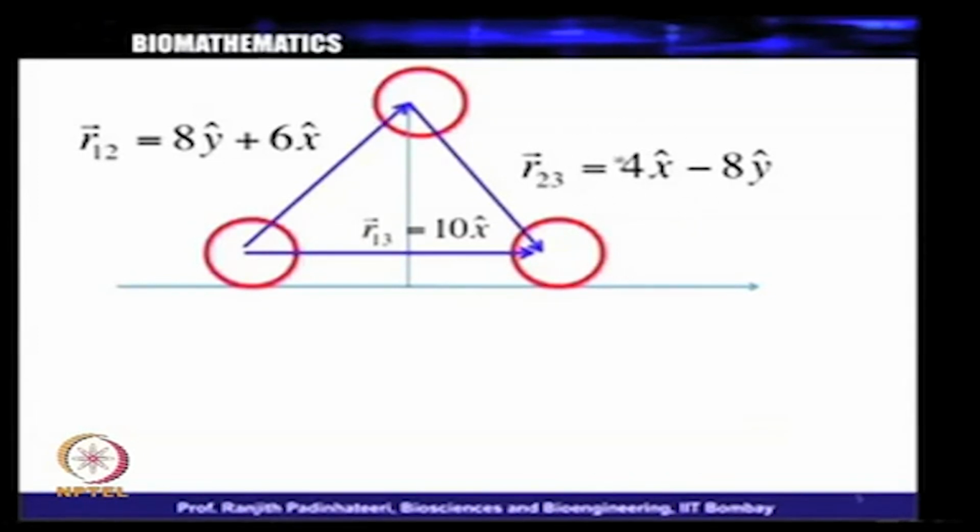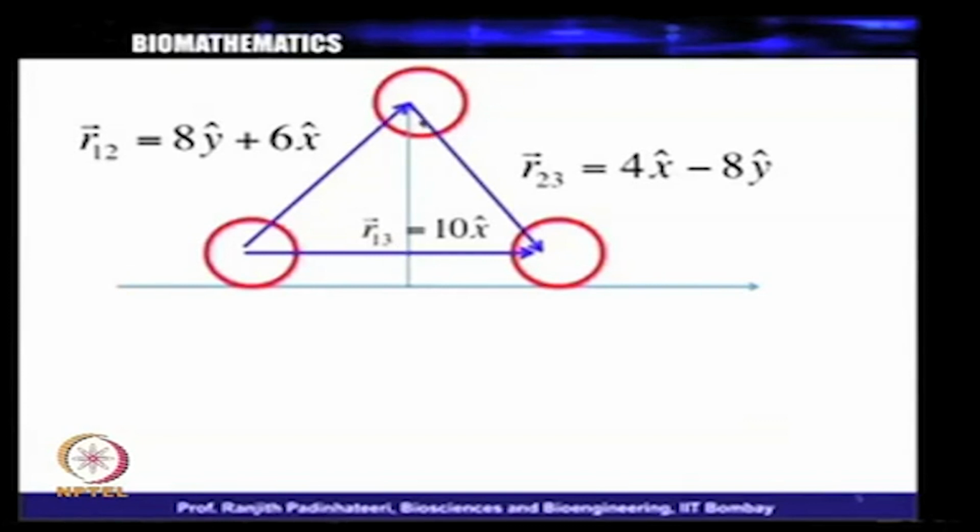When somebody says R23 is 4x minus 8y, first you have to do minus 8y, that is, come down 8 in the decreasing direction of y. So 8 along the minus y, that is what minus 8y means.